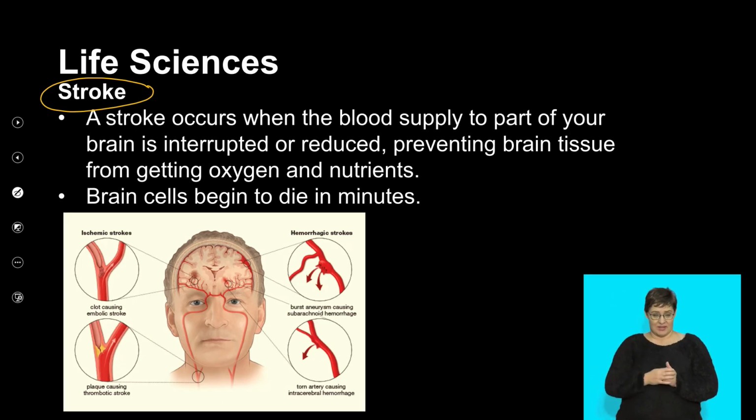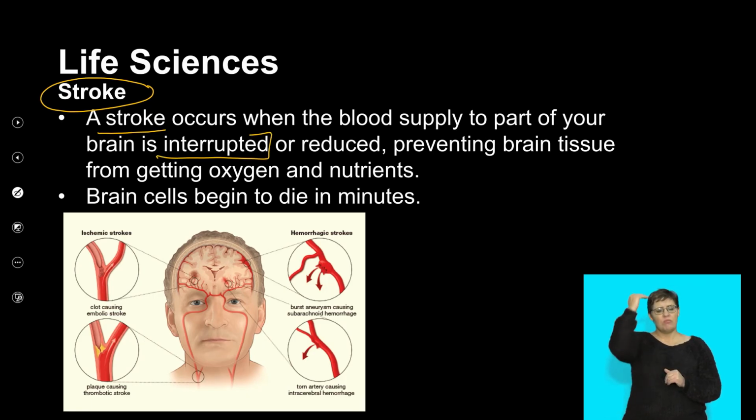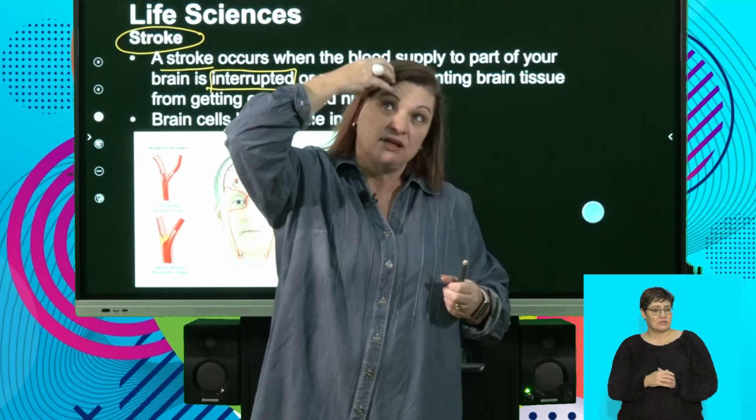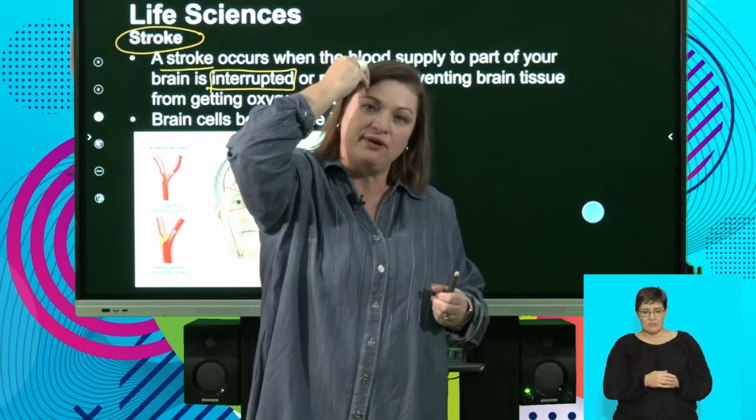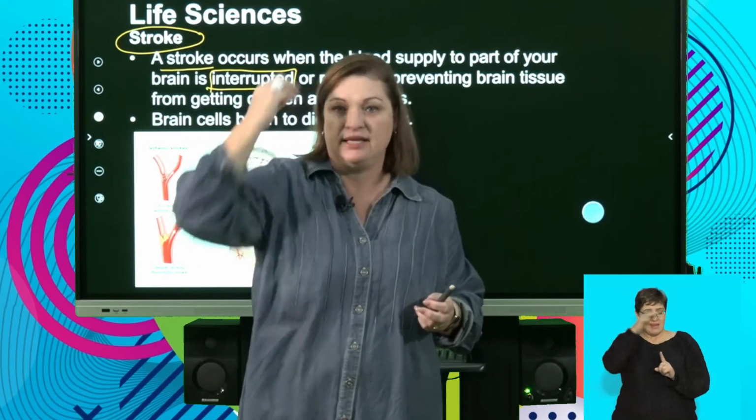So again, guys, very important, a stroke. The blood to the brain is interrupted. It will burst or it will block, so the brain tissue around that area gets damaged.